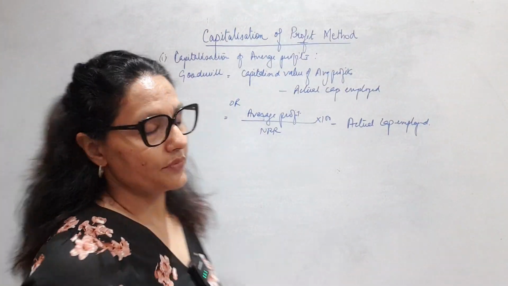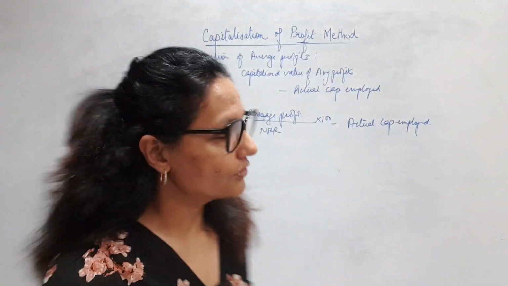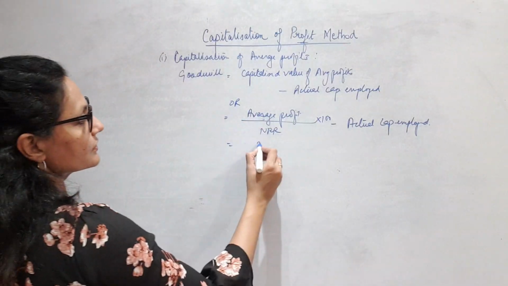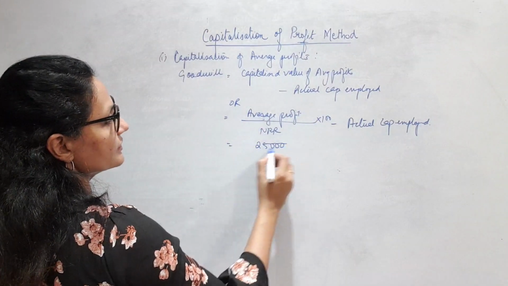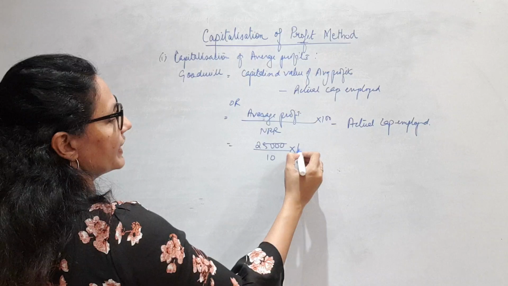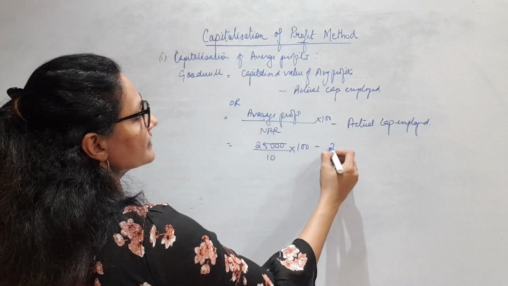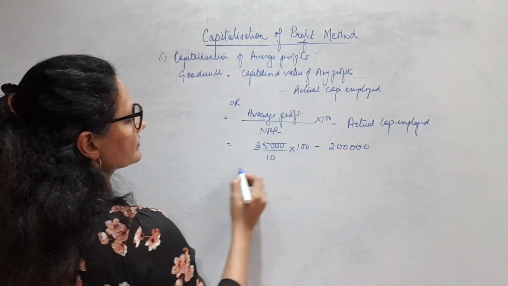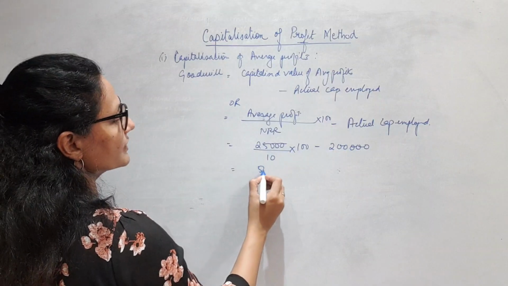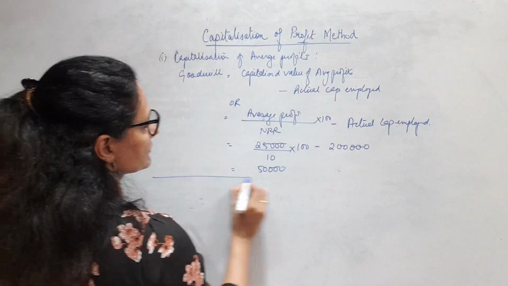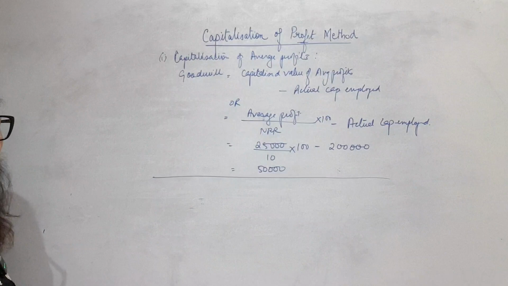Now, in the example that we just took, the capitalized value was 25,000 by NRR into 100, which is 2,50,000, minus 2 lakhs. So 2,50,000 minus 2 lakhs, 50,000 was my goodwill. Okay.